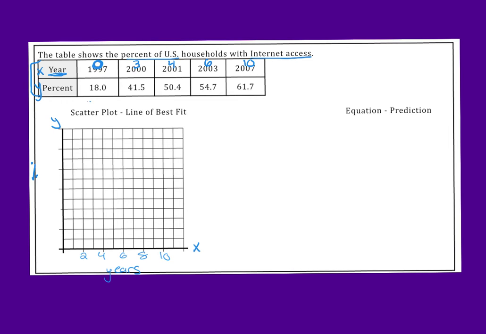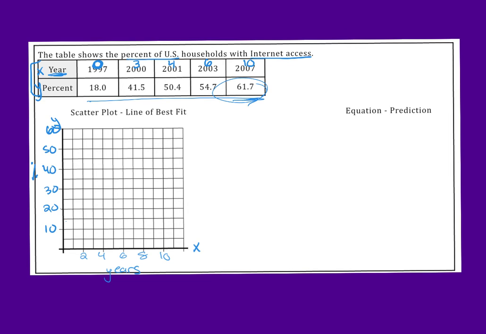So on here, the highest number is 60. So let's count like this: 10, 20, 30, 40, 50, 60. So that last point will go off the graph just a little bit.